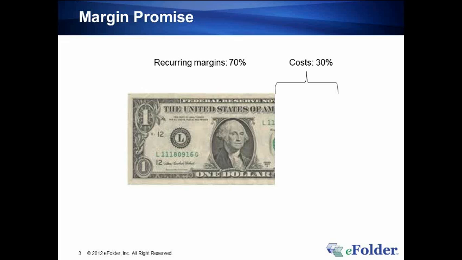And what a lot of our partners are seeing is when they're deploying eFolder BDR services, those costs often make up roughly 30% of the recurring opportunity, resulting in 70% gross margins. And that's including your labor in most cases.